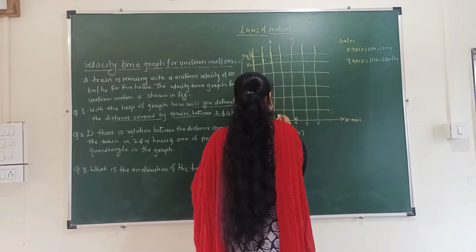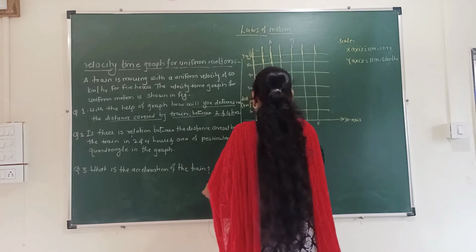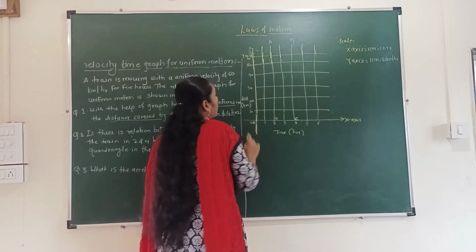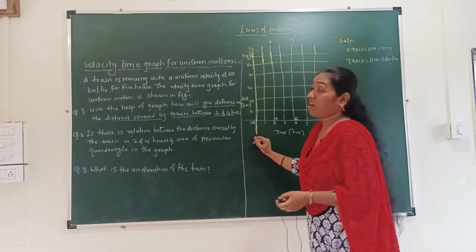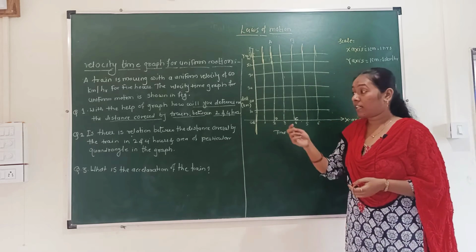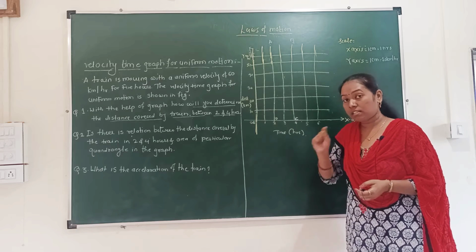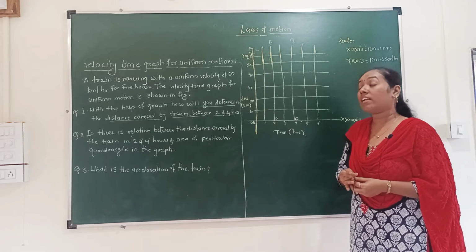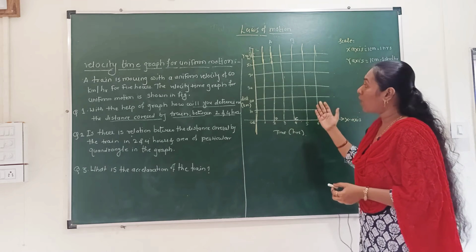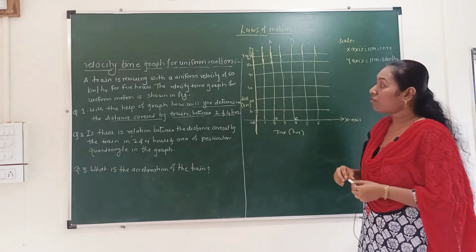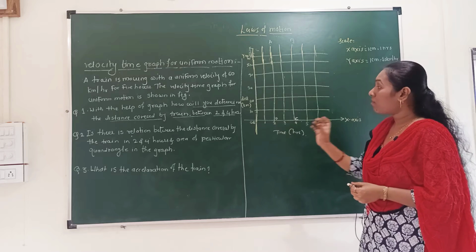Here is the C point, here is the D point, again here is the E point, and here is the F point. Why? Because we want to calculate the distance, and the distance covered by the train is calculated with the help of a rectangle.